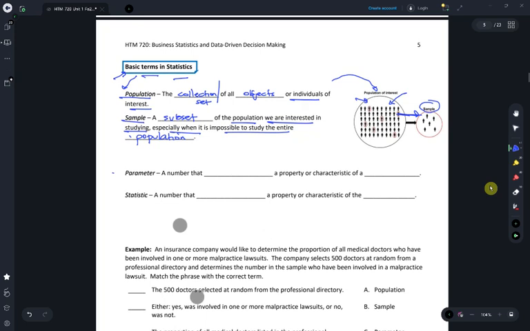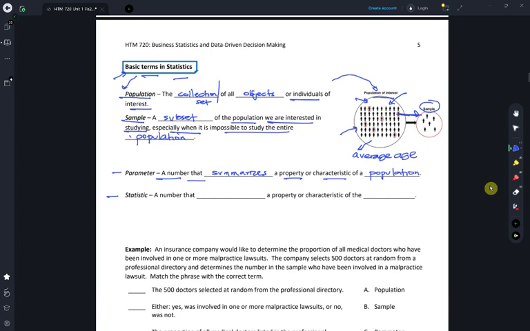With that said, let us explore what a parameter and a statistic are in the world of statistical thinking. You see, a number that summarizes a property or characteristic of a population is called a parameter. Take, for instance, if I am able, despite limited resources, to collect data on the ages of everyone in this population, and I'm able to compute the average age for the entire population.